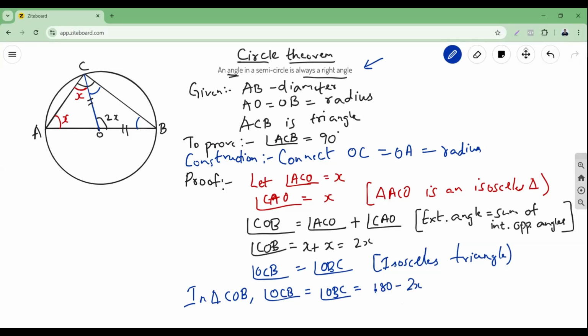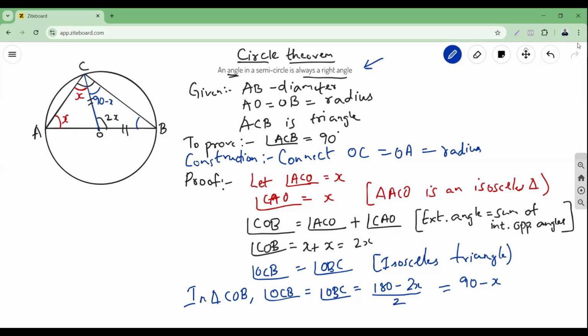I'm going to subtract the third angle, and because they're equal, each angle is going to be half. That gives me 90 minus x. So now I know this angle is 90 minus x.